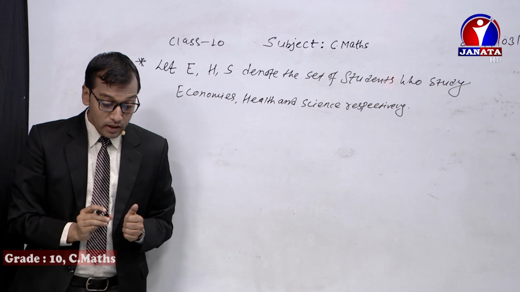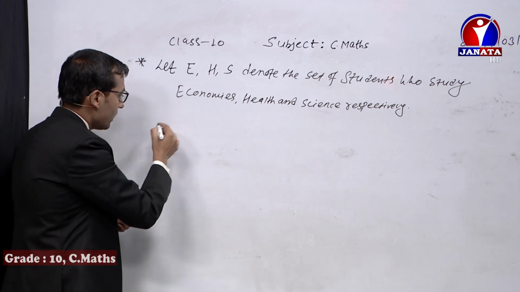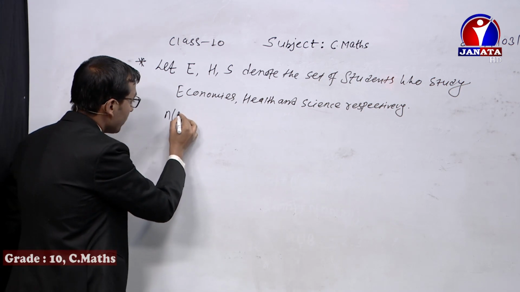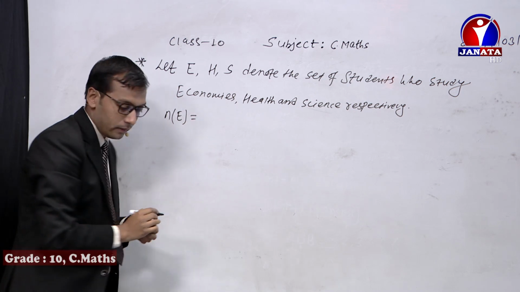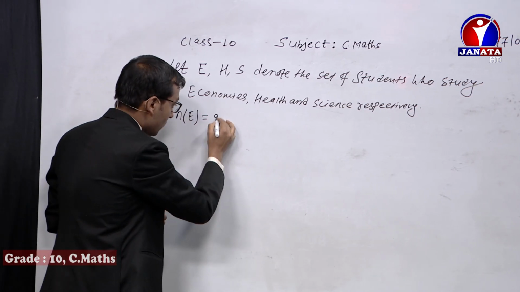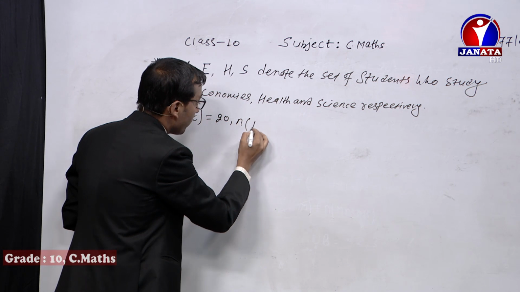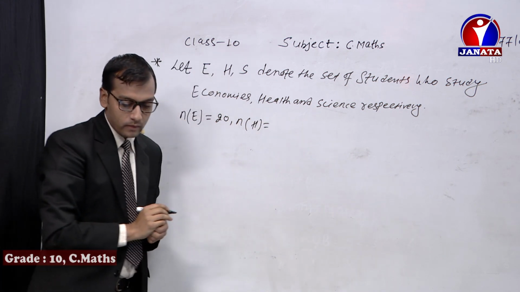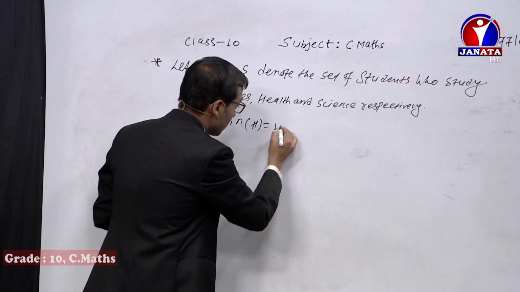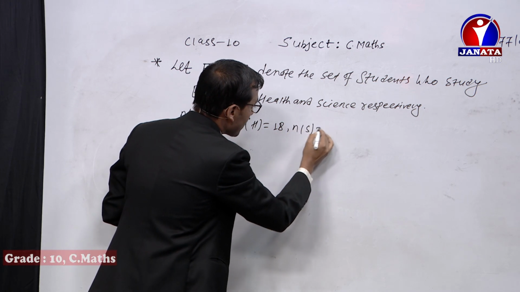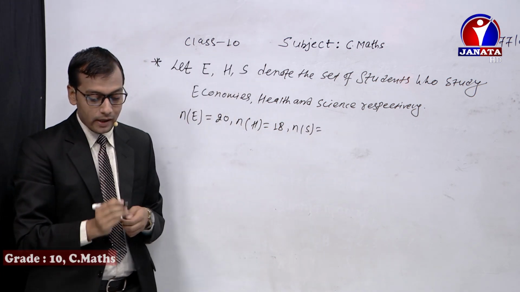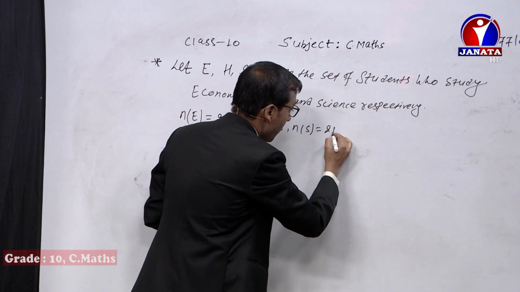Now what is the information given? Let's write the information. What is N of E? Here N of E is 20, N of H is 18, N of S is, what is N of S? 21.